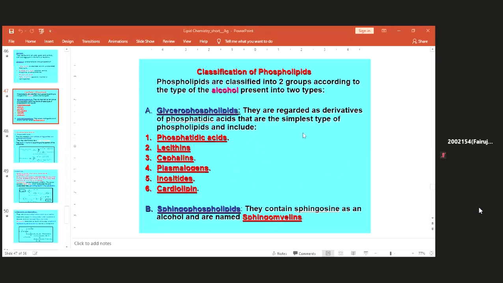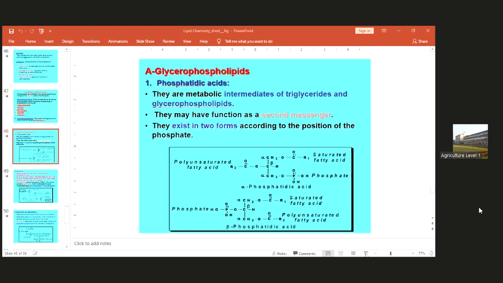We discussed this in our previous class, so I am starting my class from here. The first one, among the glycerophospholipids, is phosphatidic acid. I have already said it contains the very minimum properties of the glycerophospholipids.